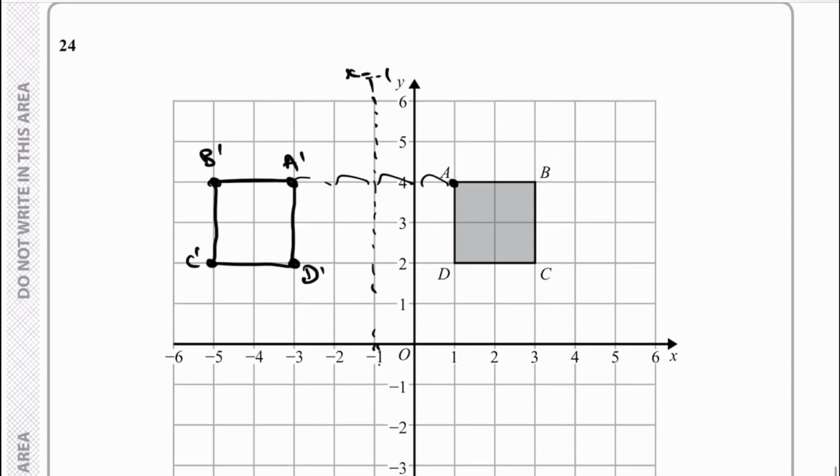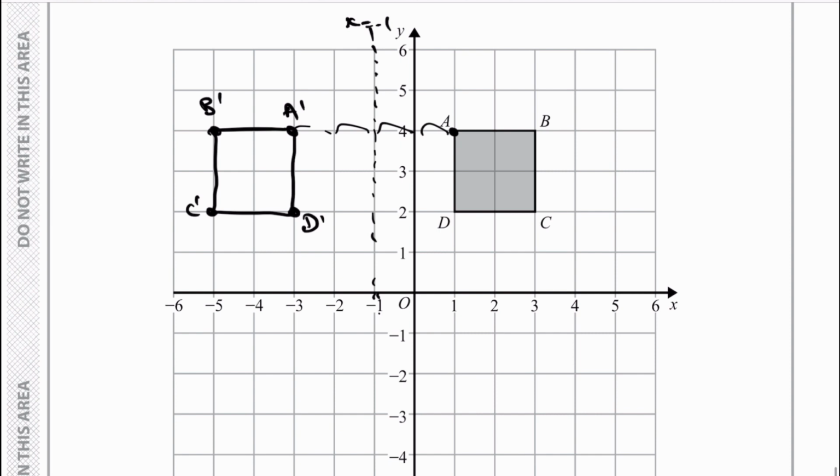Now, the way to deal with this, I think, would be to use a piece of tracing paper, and you can have a little play around with it. And what hopefully you'll find is that, if I put my center of rotation here and rotate anti-clockwise through 90 degrees, then the point A would end up going from here back to here, and it would be exactly the same with the point C. So we've got C going from there to over here.